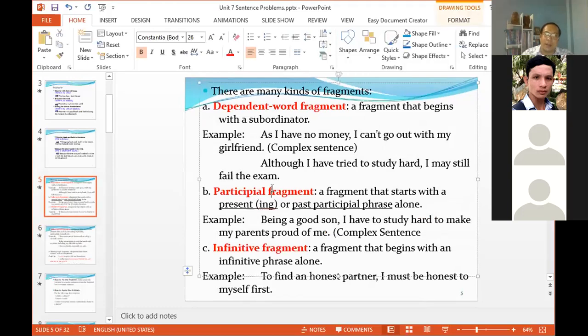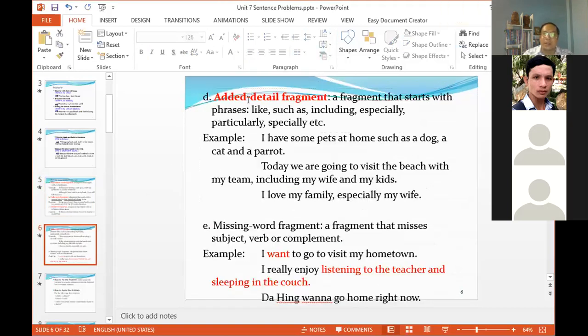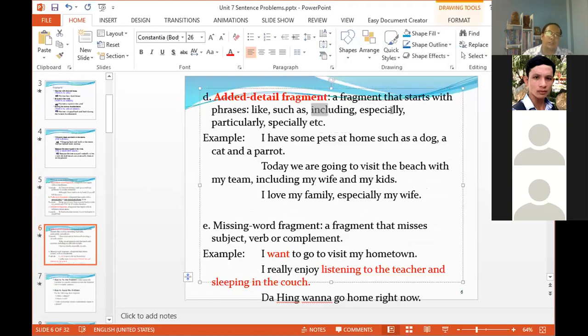The second is the participial fragment. They start with ed or ing. Ed we call past participial, ing we call present participial. The third is the infinitive fragment. They start with to. The fourth is the additive fragment. They start with like, such as, including, especially, particularly, and so on. And the last one is the missing word fragment. It can mean a missing subject, verb, object or complement. That we call fragment.